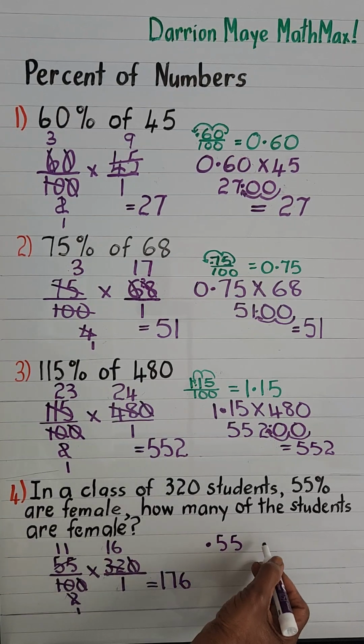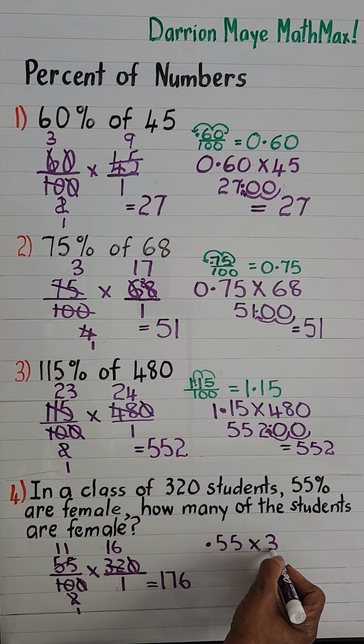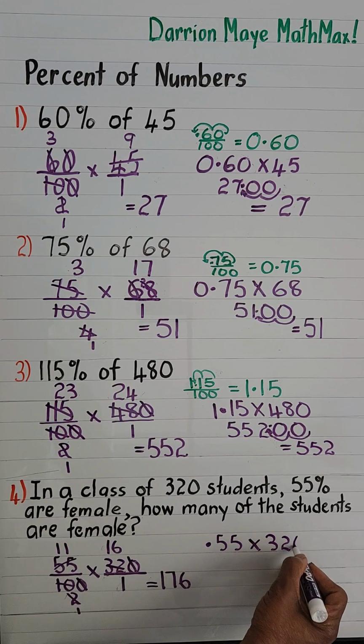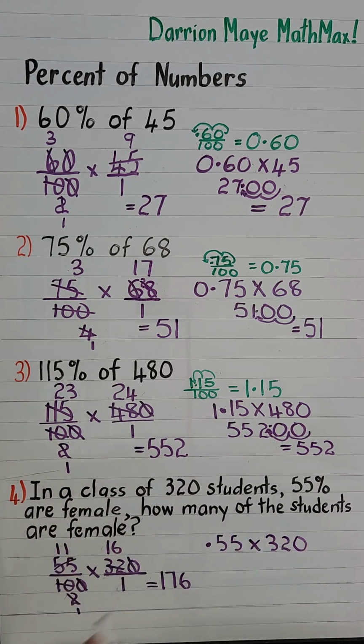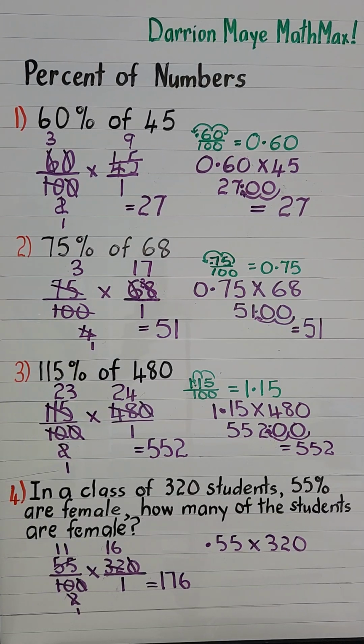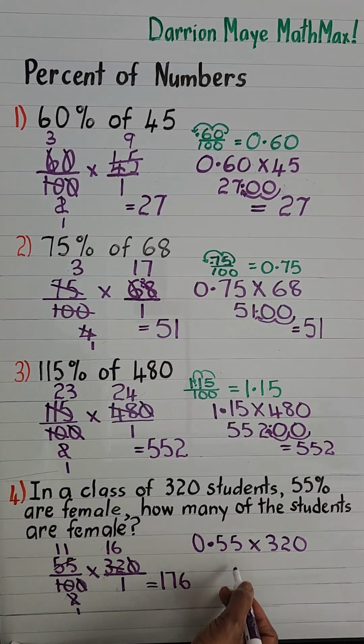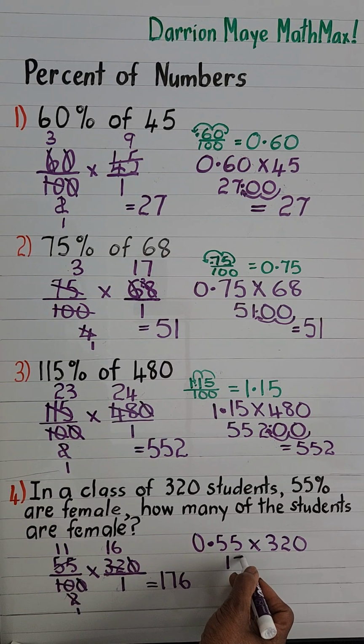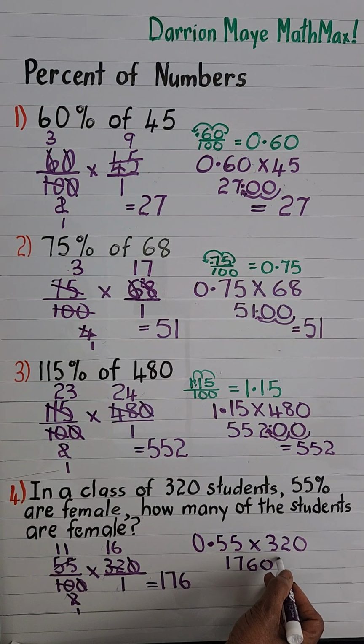And as a decimal, that would be 0.55 times 320. 55 times 320 is equal to 17,600.